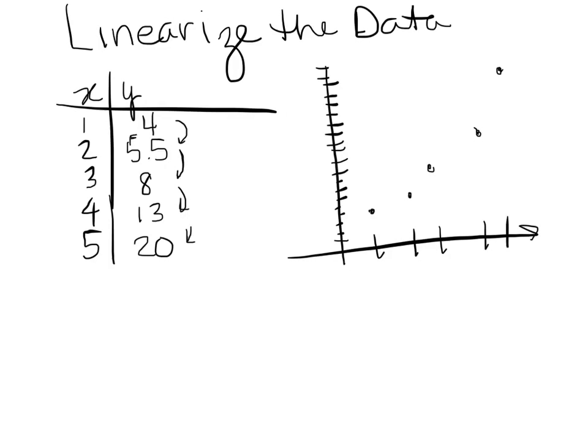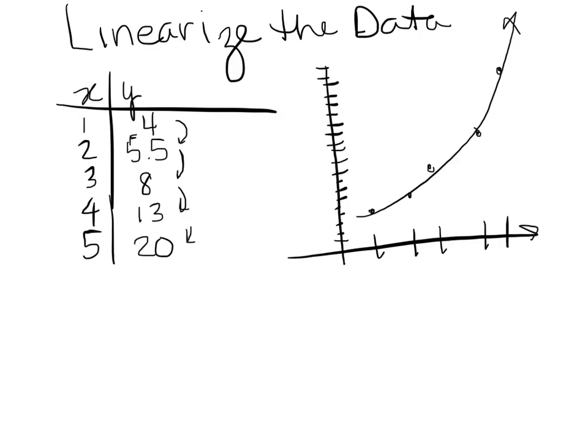You look at that and say, well, it doesn't look linear, but maybe, just maybe, it could be fitted to an exponential. So I'd like to linearize it and take another look.